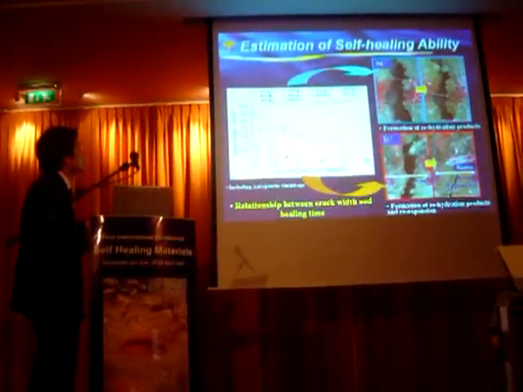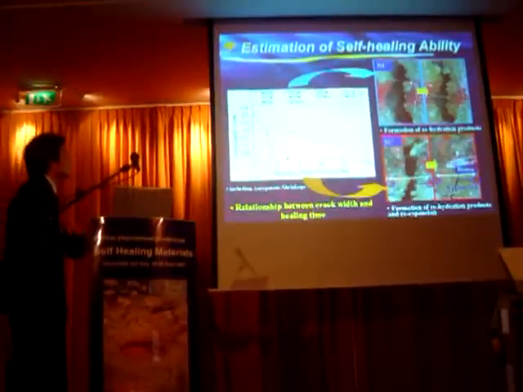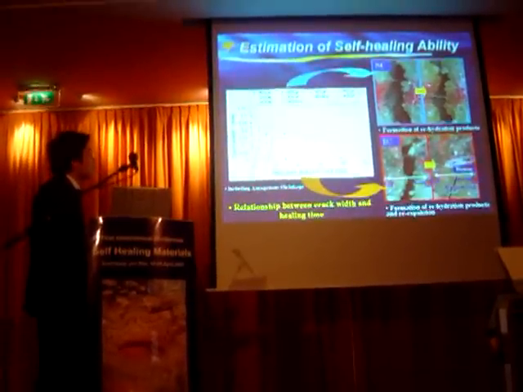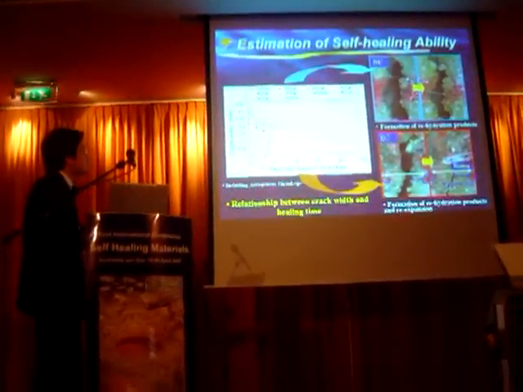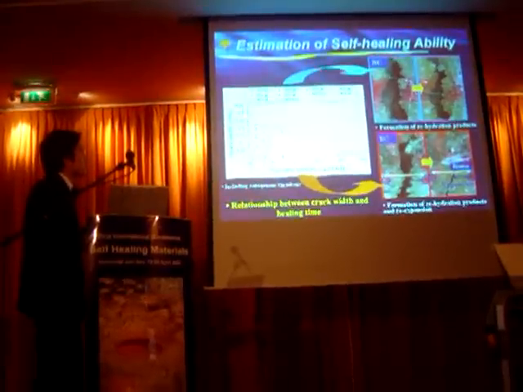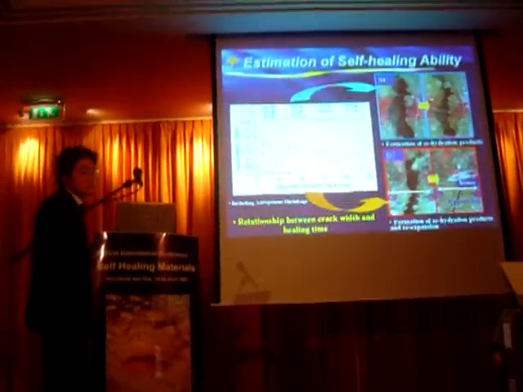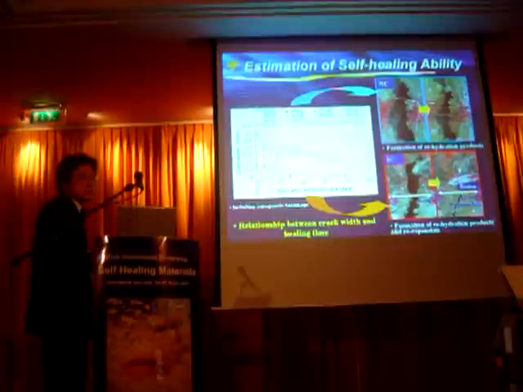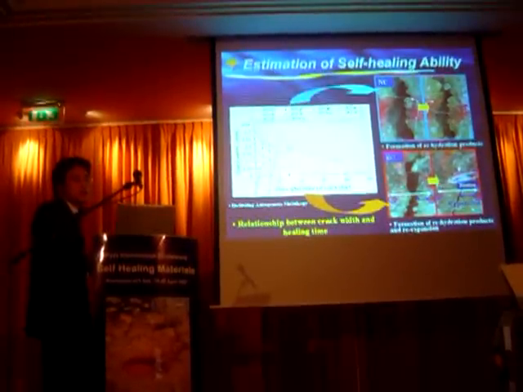Especially in the case of the EC, you can see that there's a self-healing mechanism, or formation of rehydration product and re-expansion. So we guess from this result that expansive agent has high potential for self-healing design in civil infrastructures.